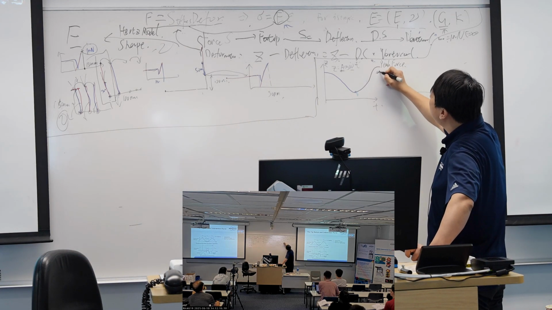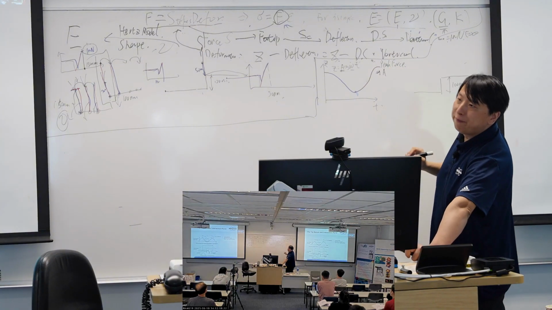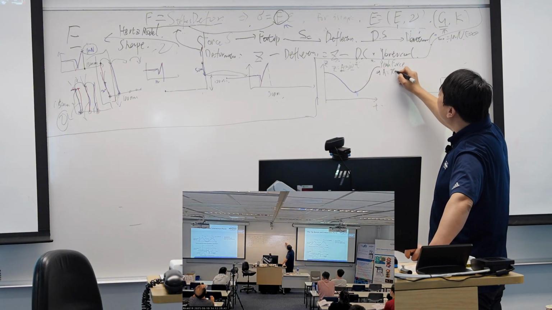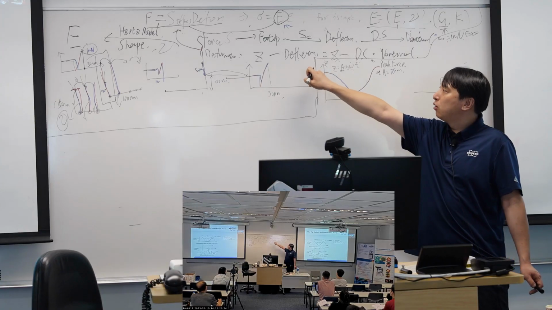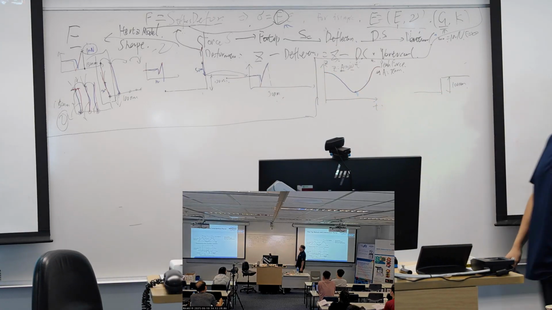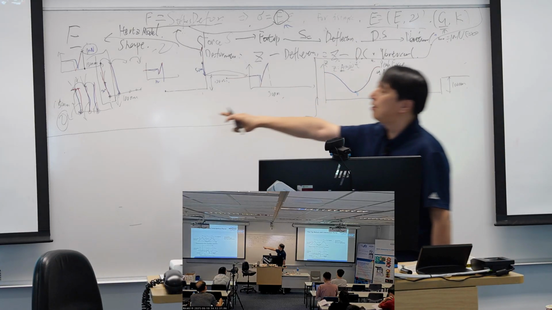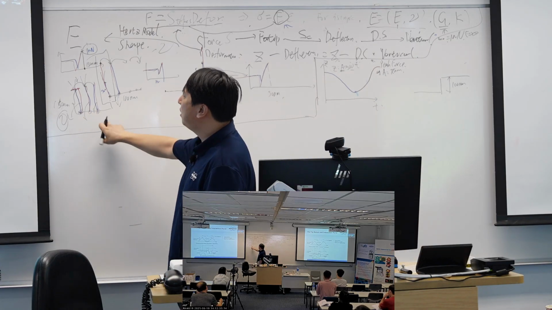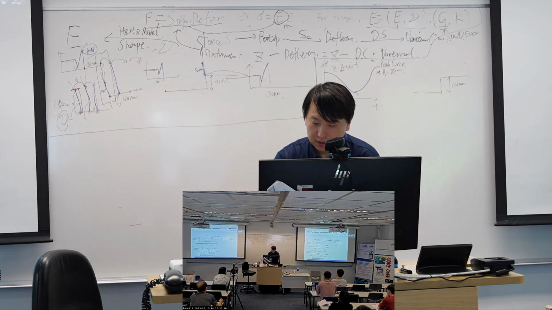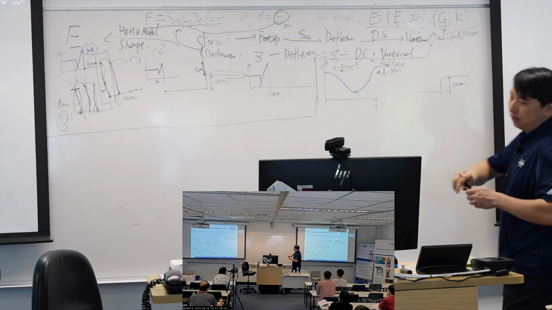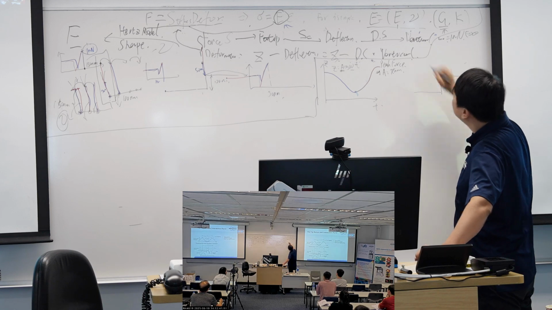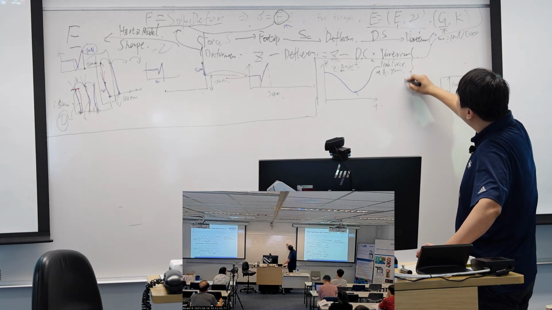We assume the amplitude is 75 nanometers, so from the top to bottom, the distance is 150 nanometers, the same as this example. We assume our starting point is somewhere here, and this distance is 150.